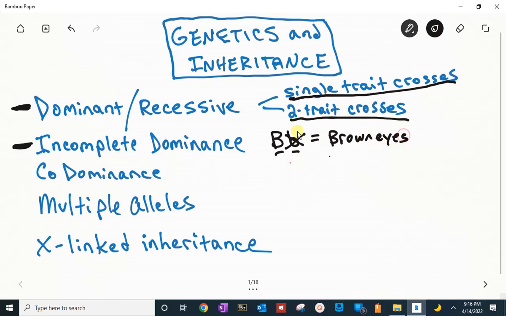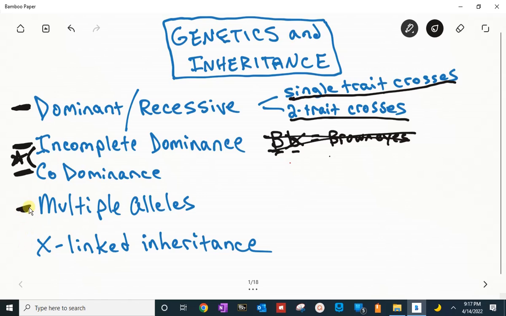That's not incomplete dominance. Incomplete dominance is a different way of this genotype combining. Also, there is codominance, and you want to make sure you don't get these two confused, because they're easily confused. They're very similar.